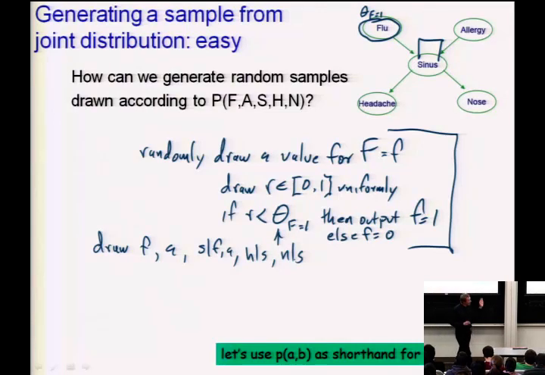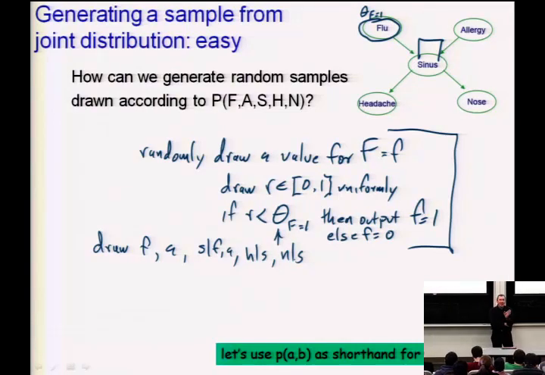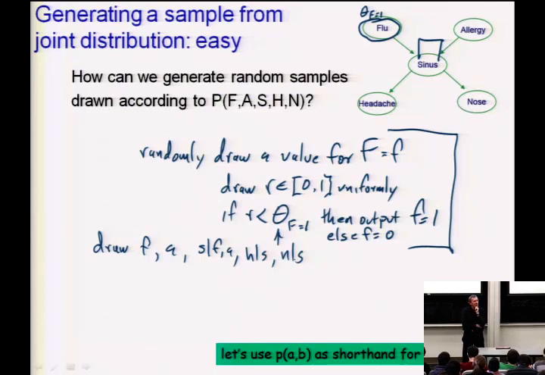So in practice, this is a pretty good procedure. The one thing that can get in your way is, for example, if I ask you for some conditional probability, let's say the probability of f equals 0 given that a equals 1, but it happens that the thing I'm conditioning on, a equals 1, is very rare, very low probability.